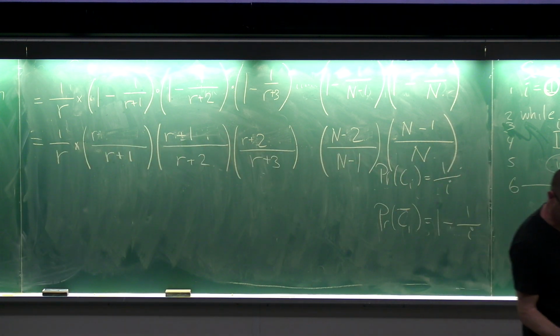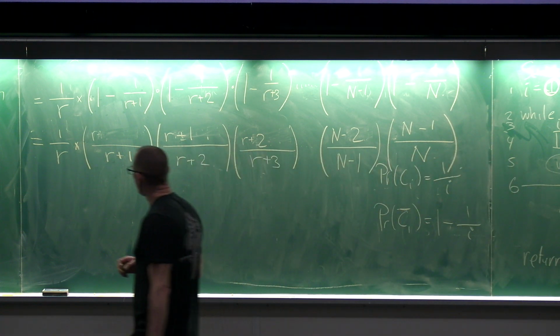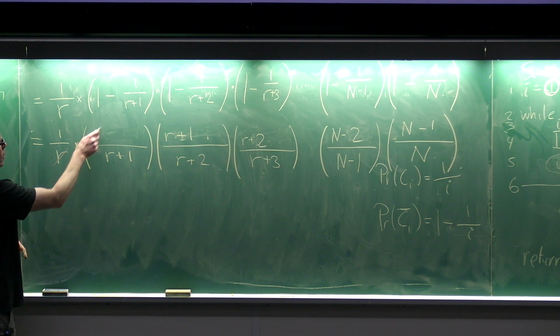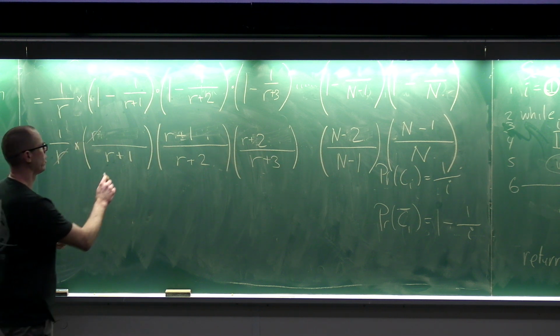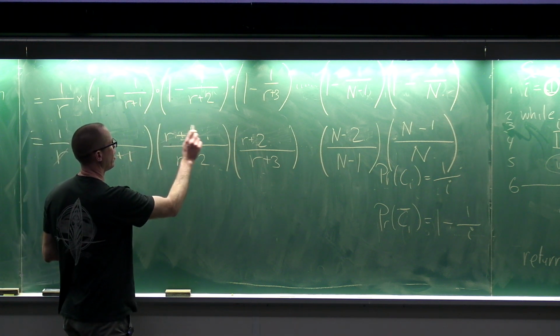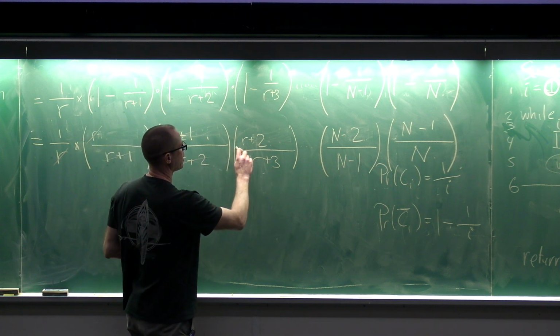This is a product of a whole bunch of fractions. And look at this. We have an r down here, and we have an r up here. Those are going to cancel out. We have an r plus 1 down here, and we have an r plus 1 up here. Those are going to cancel out. R plus 2 down here, r plus 2 up here is going to cancel out.